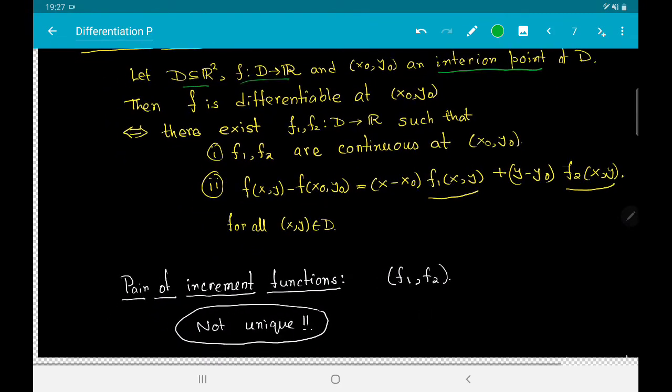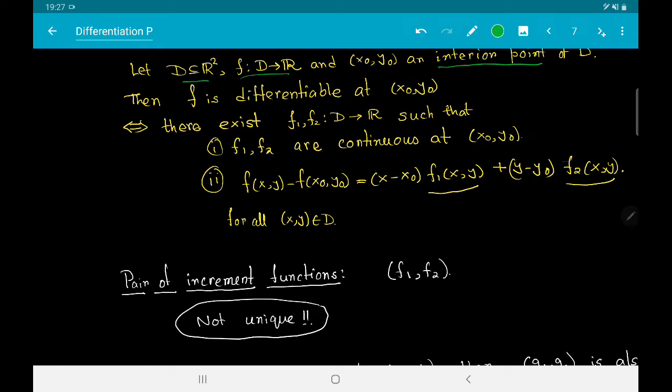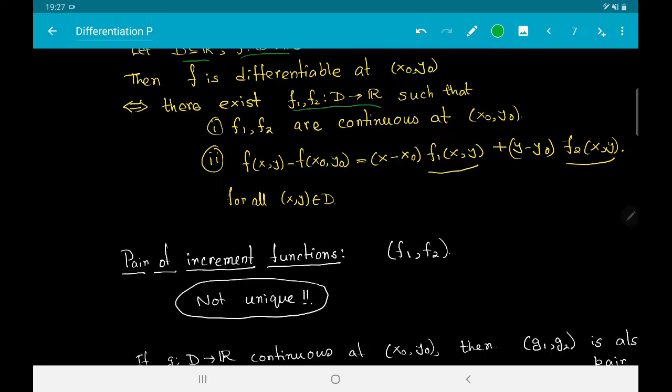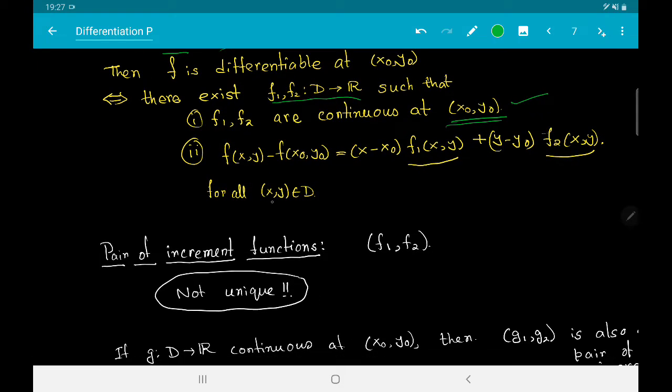Then f is said to be differentiable at x0, y0 if and only if there exist two functions f1 and f2 from D to R such that f1 and f2 are continuous at the point x0, y0, and for all pairs x, y, all points in D, f of x, y minus f of x0, y0 is equal to x minus x0 times f1 of x, y plus y minus y0 times f2 of x, y.